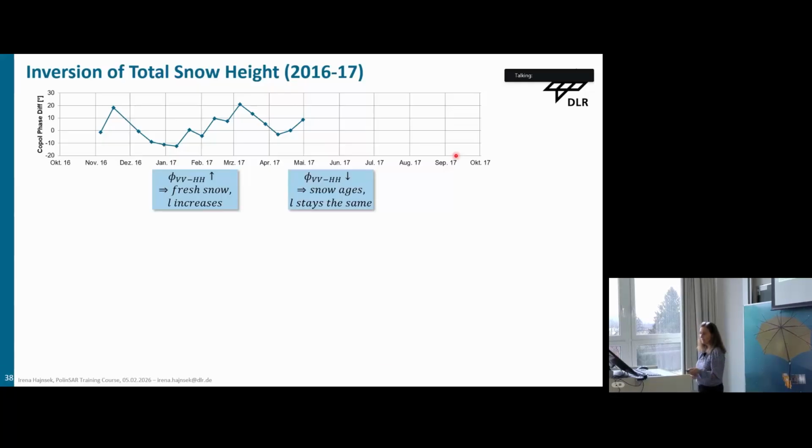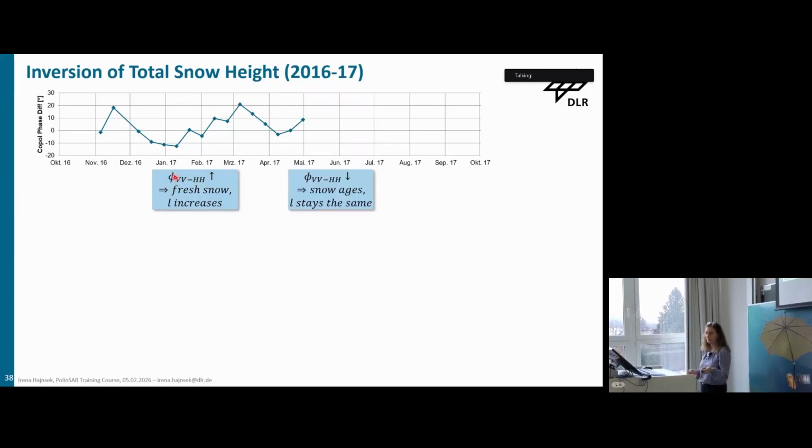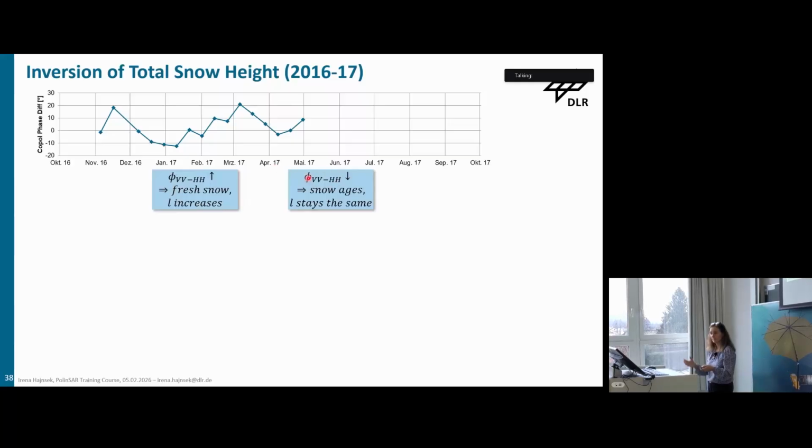So we know now that for fresh snow, what is happening, the HHVV is increasing, so it means the phase is increasing for fresh snow, which means this is related also then to an increase of the depths. And for low HHVV differences, so becoming more to zero, we see what is happening here, that we have a snow aging, right?